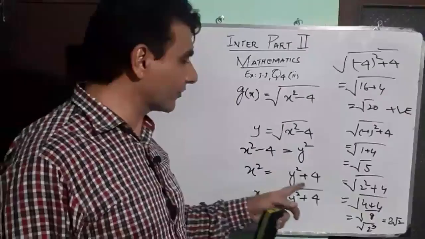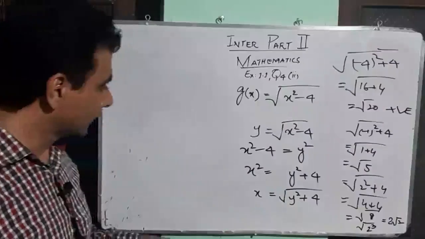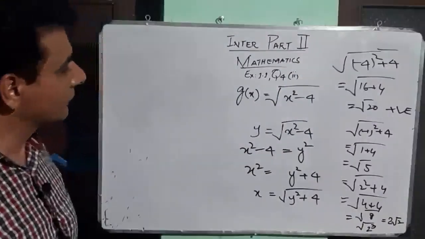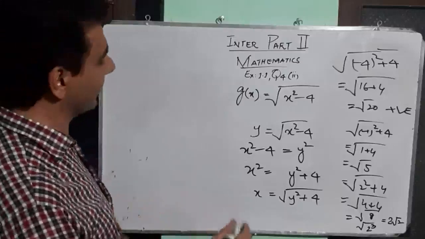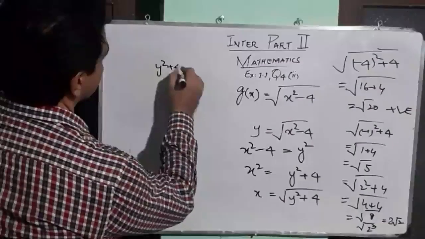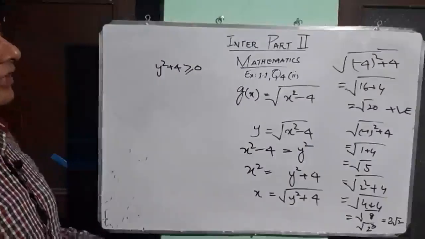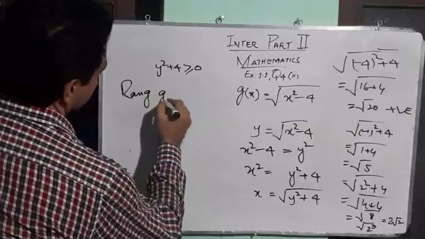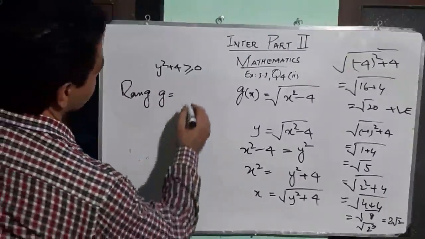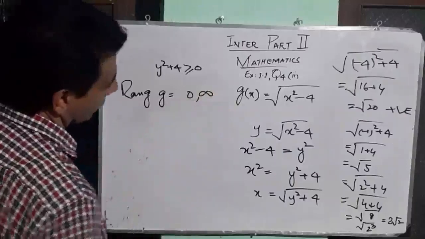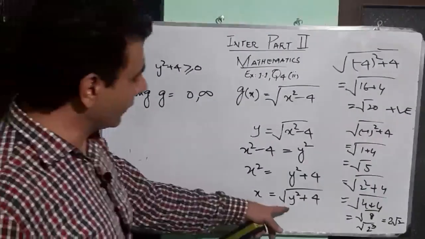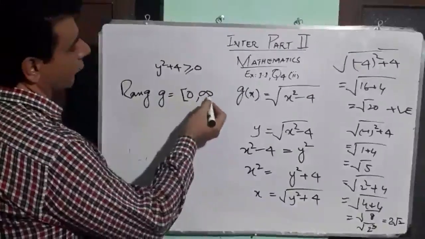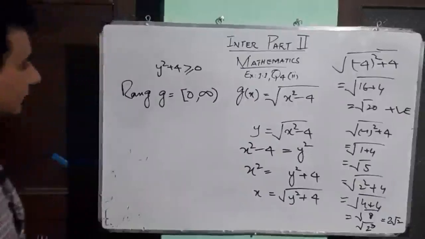For each value, positive or negative or 0, we will be getting positive values. So it will have the same restriction, so the range will always be positive. So range is 0 to infinity, and 0 is also defined, so we will include 0, and for infinity we always write parenthesis. That is the range.